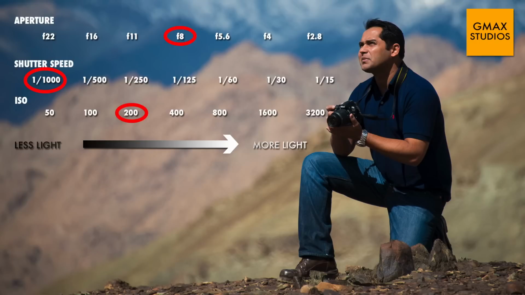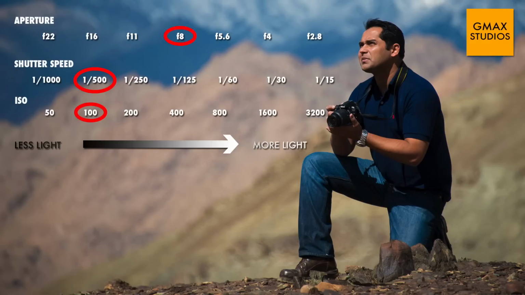But as you know, raising the ISO degrades the picture quality, and in this bright outdoor photograph, there is really no need to do that. So a setting of f8 and 500th of a second at ISO 100 is a perfectly good place to be.